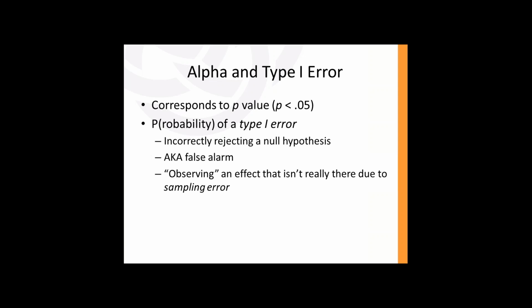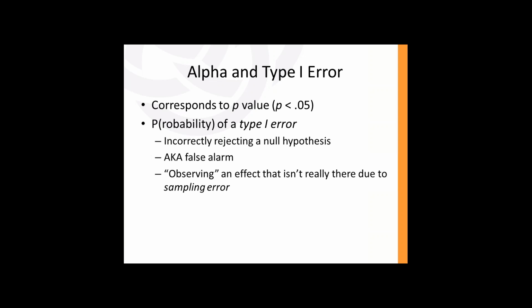If you observe an effect, then the p-value less than 0.05 tells you, okay, look, if you're committing a false alarm, you have a 5% or less chance that it's a false alarm. So we all agree that it's a real effect.